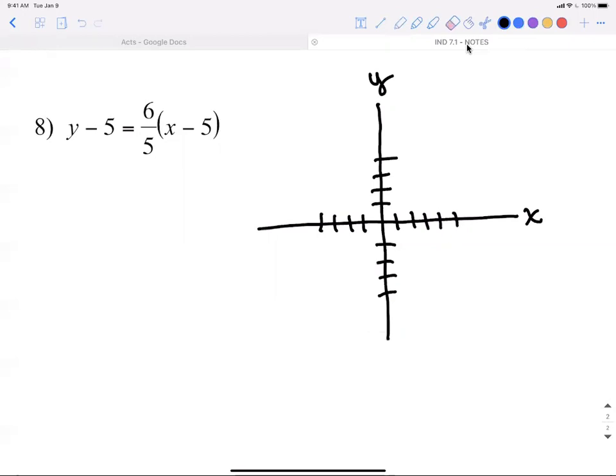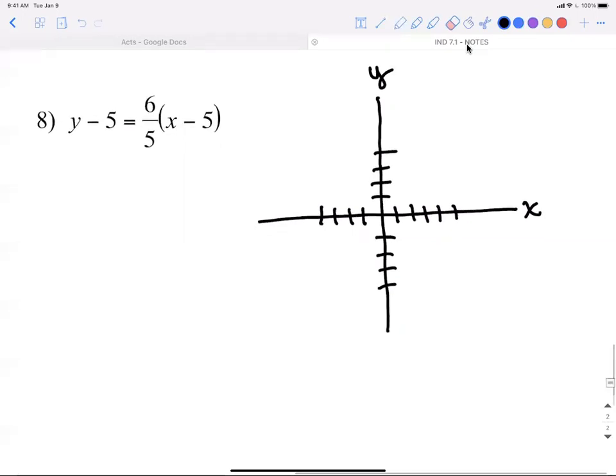Okay, when we had one in standard form, and I'm just going to make one up really quickly, that I know will work out easy. So if I have one in standard form that is 2x plus 3y equals 6, right? 6 is divisible by 2 and 6 is divisible by 3.